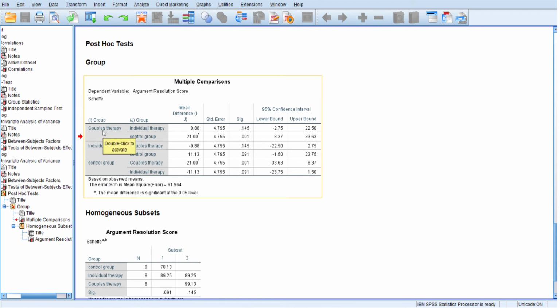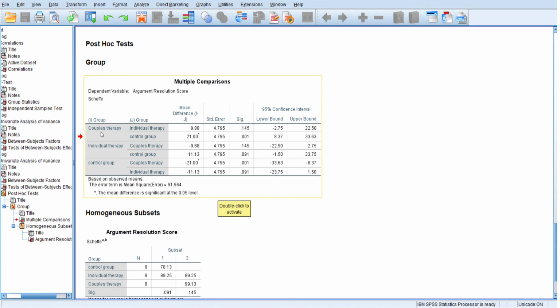So for the couples therapy group, the way that we will figure out if they are significant or not, we're looking at couples compared to individual. And it starts with the left. Whatever's on the left is being compared to whatever's on the right. So the subtraction comes in.